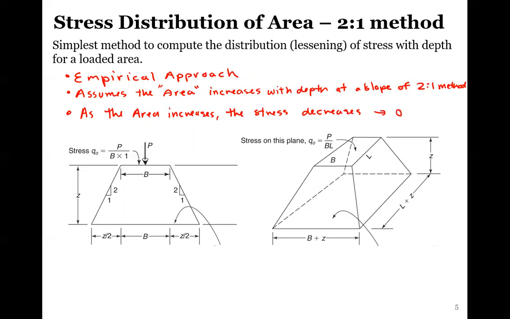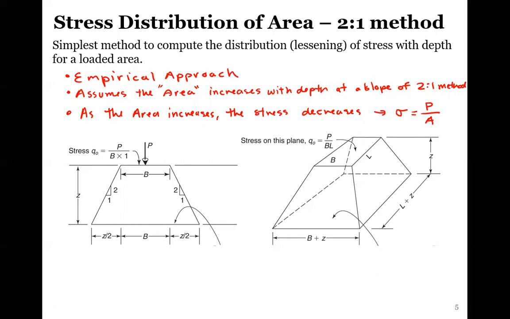This is because our stress is equal to our load divided by the area. The load stays the same. We're assuming this P occurring at the surface is being transmitted the entire depth, so the P at the surface is equal to the P at 20 feet down. The only thing that is changing is that cross-sectional area. So as the area increases, since it's in the denominator, the stress will decrease.